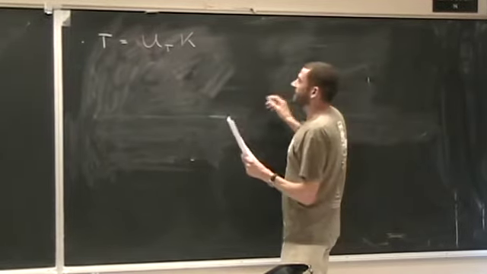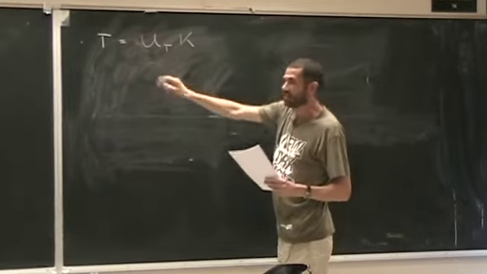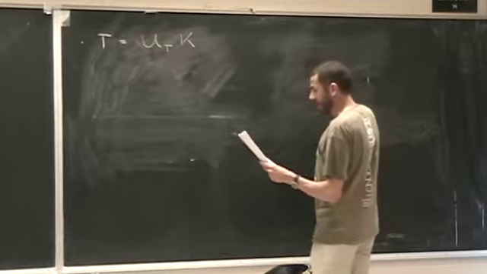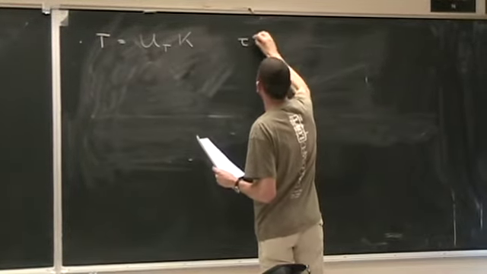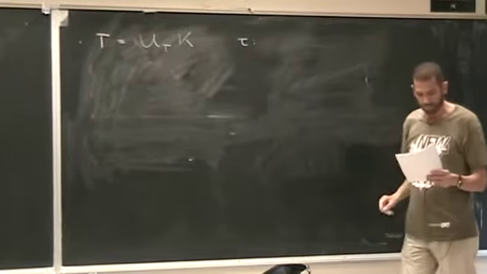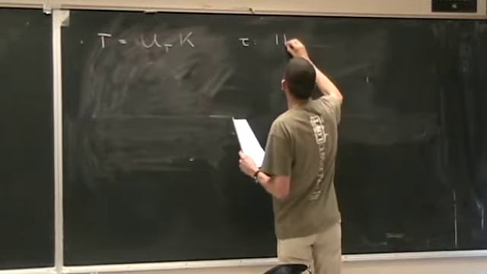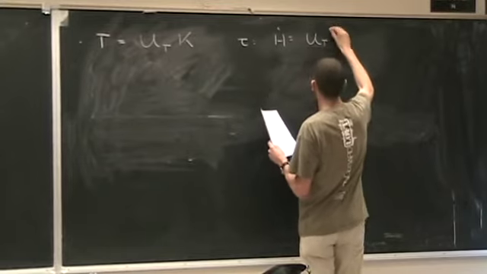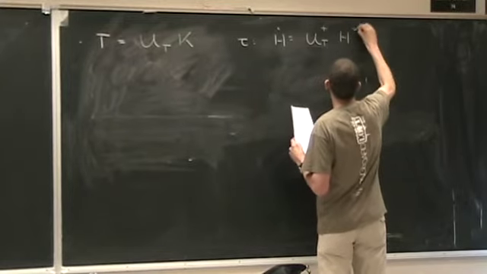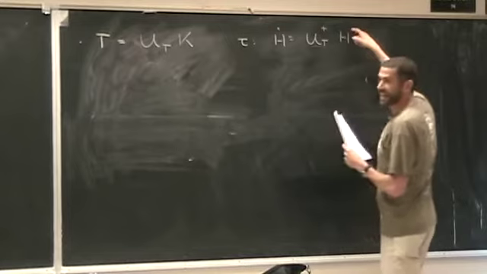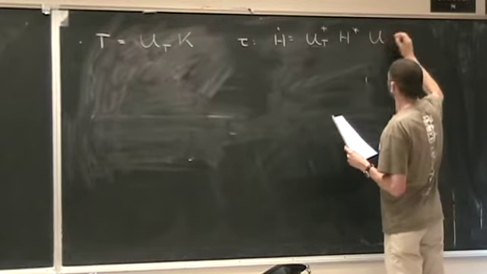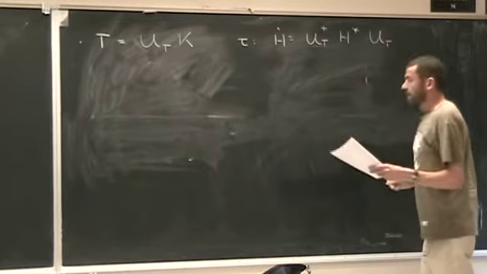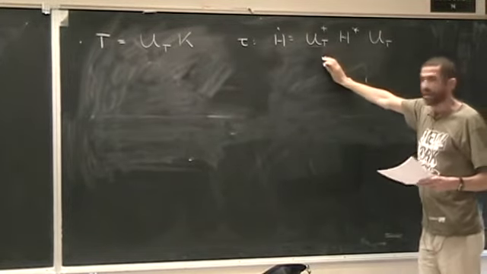Then we say that our Hamiltonian has a time reversal symmetry when we have the following situation: H equals U transpose dagger H complex conjugate. All right, so that was time reversal.